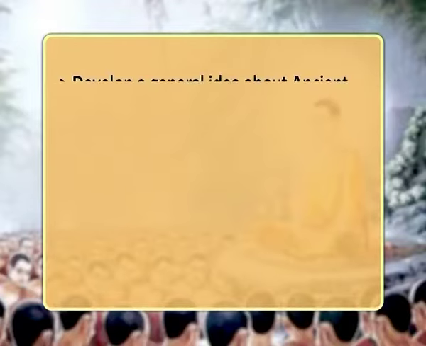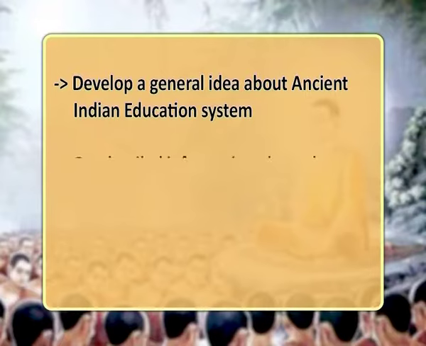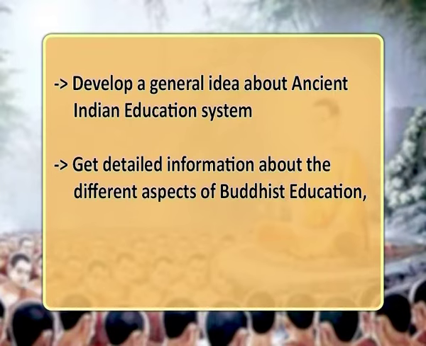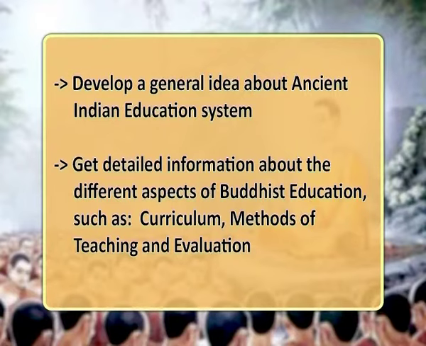After going through the subject matter, the students would develop a general idea about the ancient Indian educational system. Secondly, get detailed information about the different aspects of Buddhist education such as curriculum, methods of teaching and evaluation.